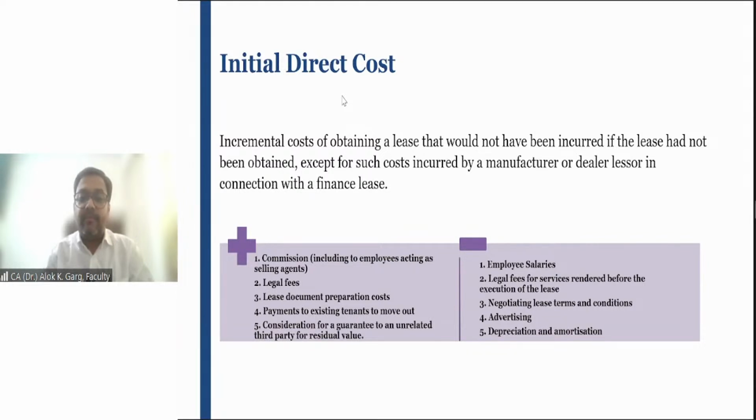So when you are purchasing a PPE like a machine, you are capitalizing the freight, transportation, installation, consultant fee. But this is a lease. This is a leased asset, where you are getting a right to use.